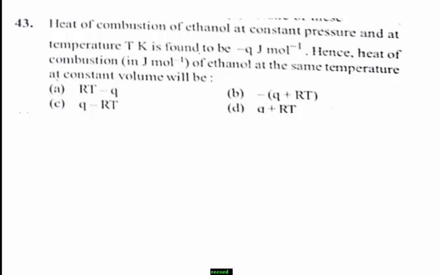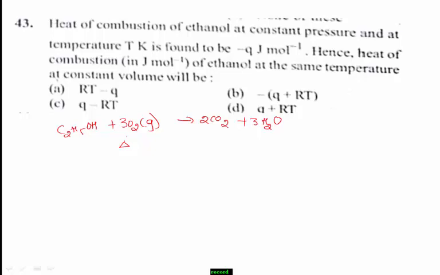Students, first I write the required reaction according to the given question. Here I write the reaction: ethanol C2H5OH plus, I write the balanced equation directly, so we get 2 moles of carbon dioxide plus 3 moles of H2O. Here delta n is the number of moles of the gaseous products minus the number of moles of the gaseous reactants.